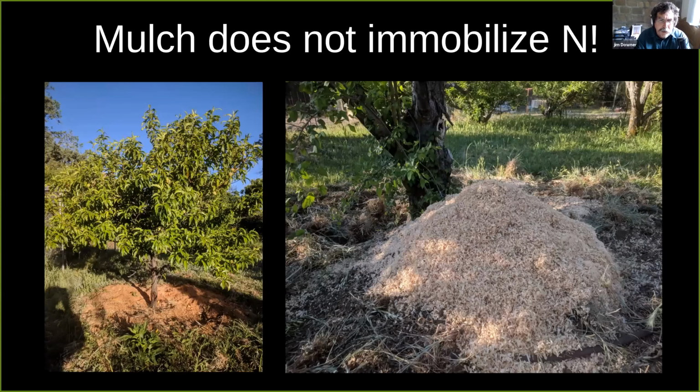Now, I've been putting fresh wood product on the ground for 2 years now, and I don't fertilize these trees with nitrogen. They get 0 applied nitrogen. All they get is sawdust. And their nitrogen content is great. It's sufficient. There's never been any deficiency here. So when you apply mulches, you can apply very fresh wood products, and you're going to get beneficial soil results, and you're not going to immobilize nitrogen.